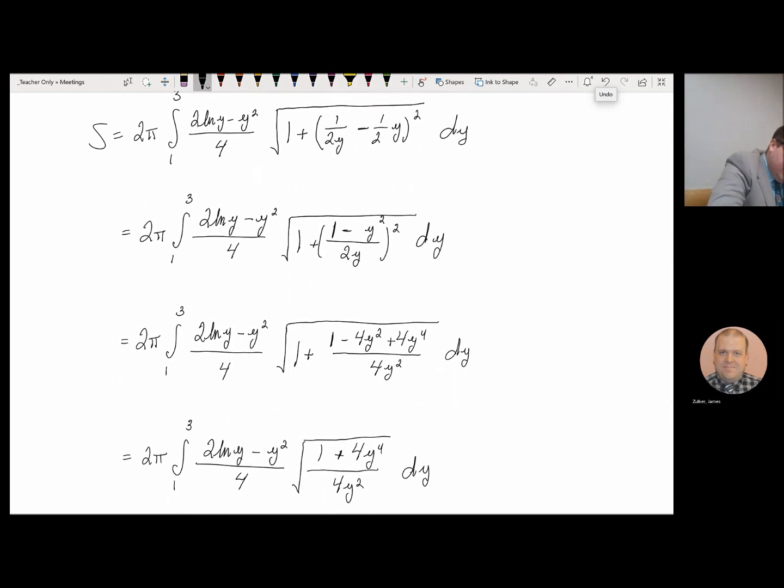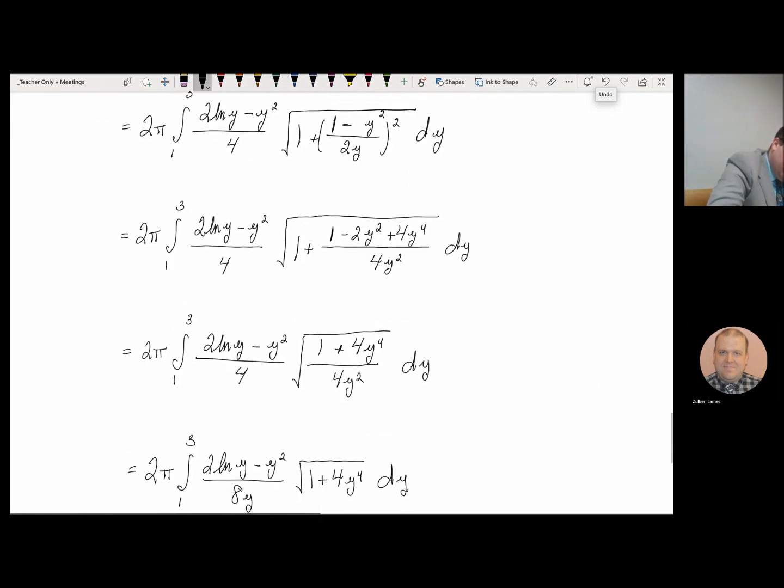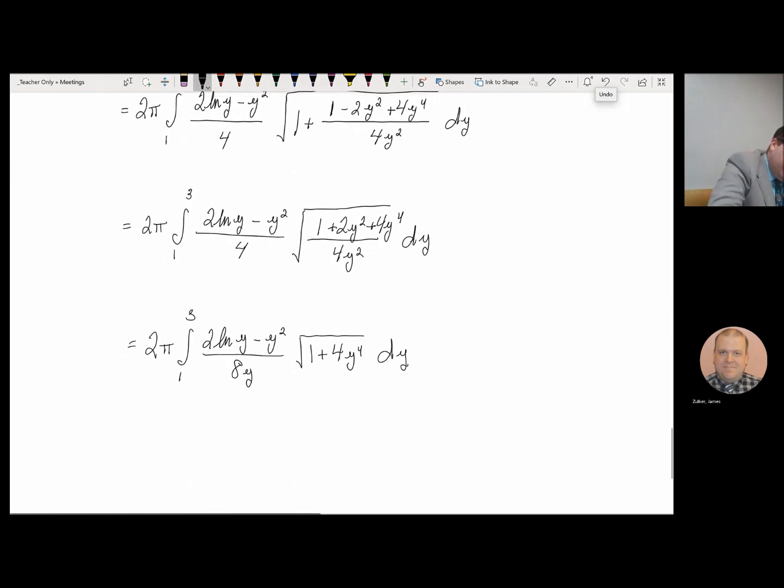Which makes this 2. Just going to change what this is. 4y squared, yeah, that's a 2y. Okay, 1 plus 2y squared plus 4y to the fourth.